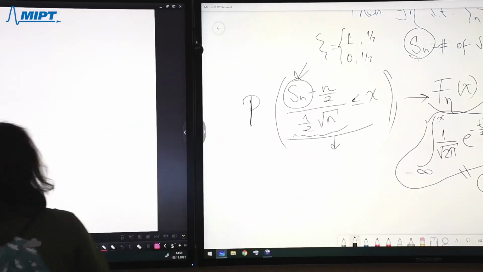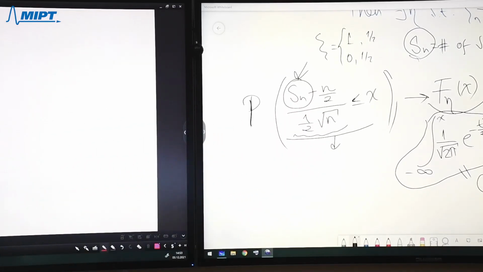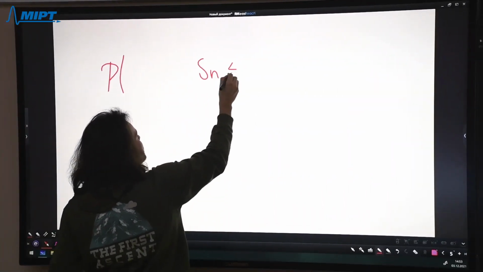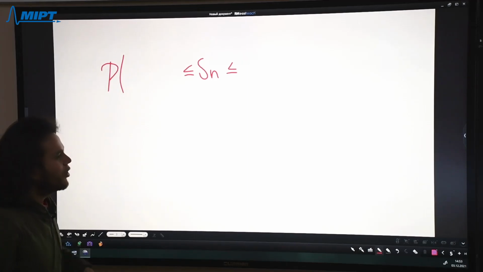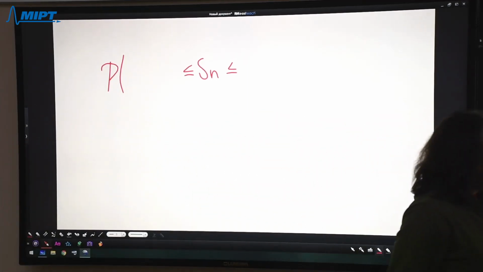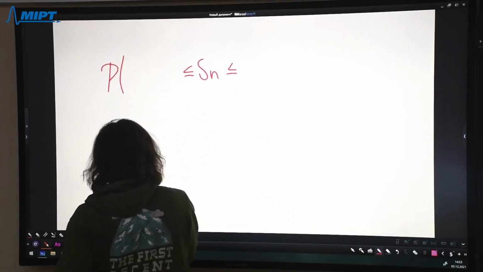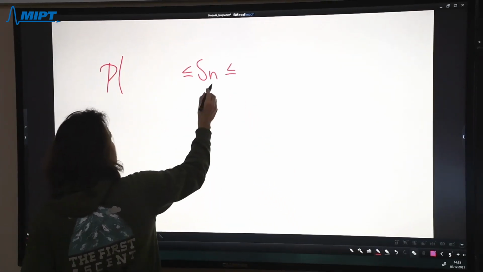Now, what if I want to find the probability that, so we have Sn is between something and something, right? So what if, in this case, we have 3, right? Let me write it like this.